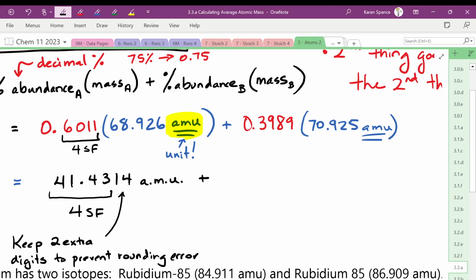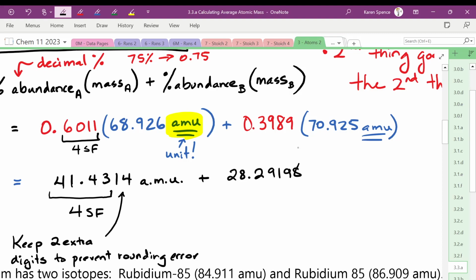And now our next calculation, we have 0.3989 times 70.925 equals 28.29198.